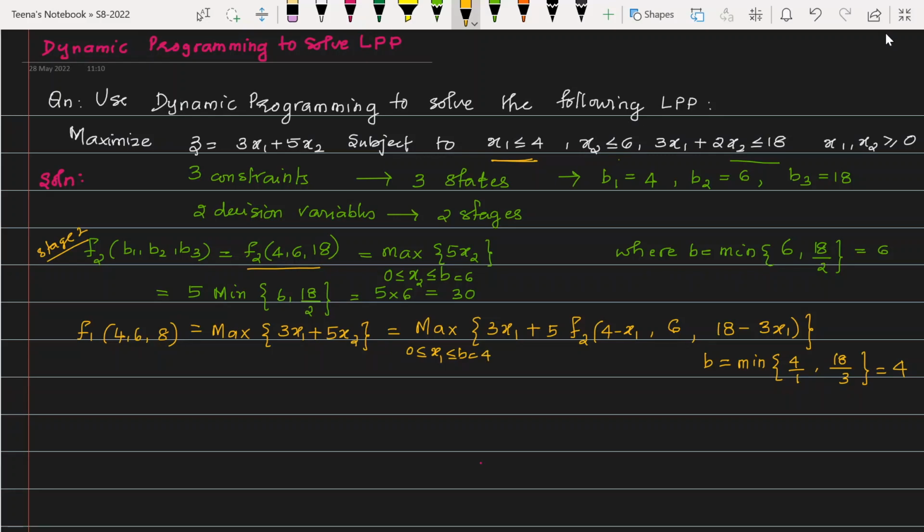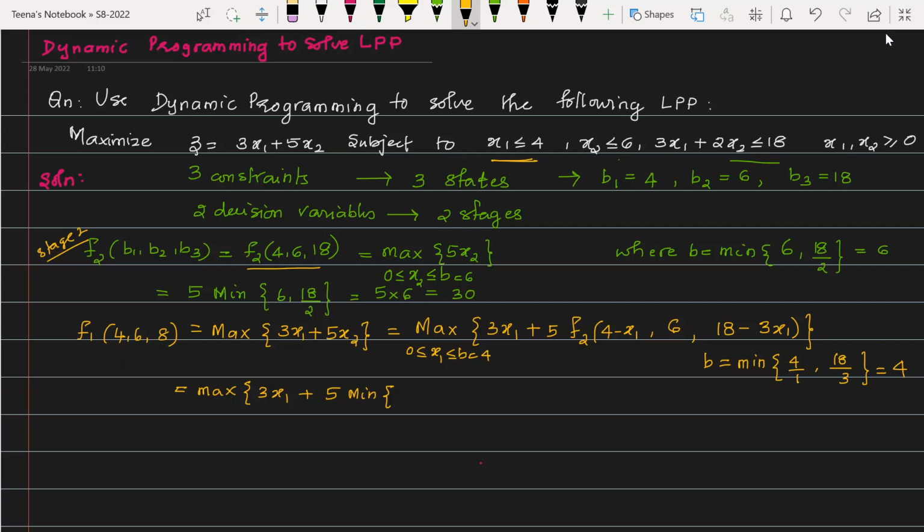Okay, so let me write it in a better way. Maximum of 3x1 plus 5 into minimum of, let us see what that expression is from the previous stage.